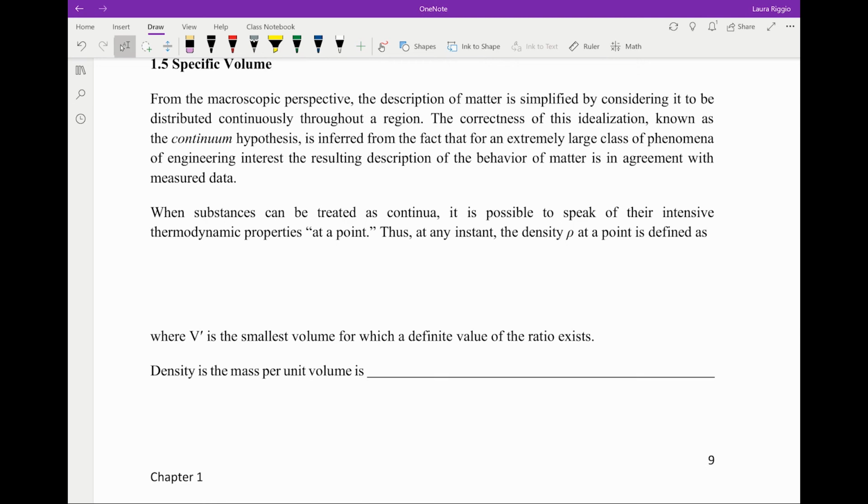When substances are treated as a continuum, it's possible to speak of their intensive thermodynamic properties at a point. So thus, at any instance, our density can be defined as the limit as our volume goes to an infinitesimally small volume of our mass divided by volume. So the density is the mass per unit volume.